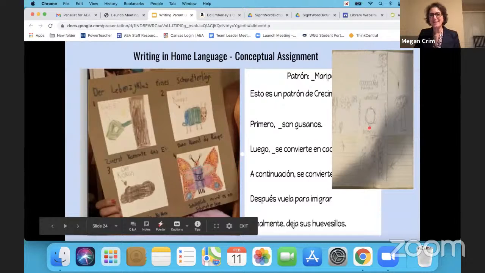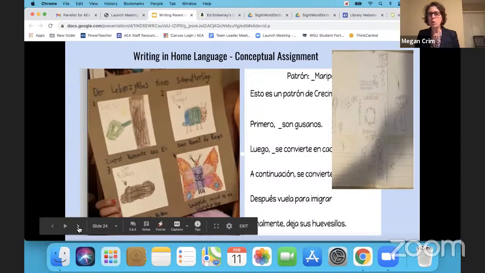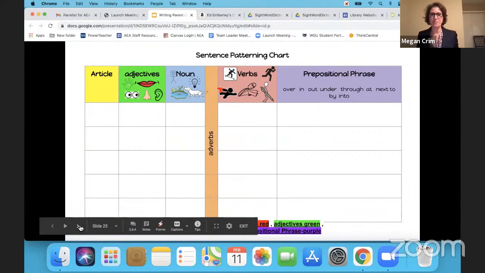And this student did a butterfly, and she typed it in Spanish. And this student also did a butterfly and wrote it in German. Super powerful learning. And those were both the home languages of the child at home. Just gives us shivers. We get so excited when we see that.